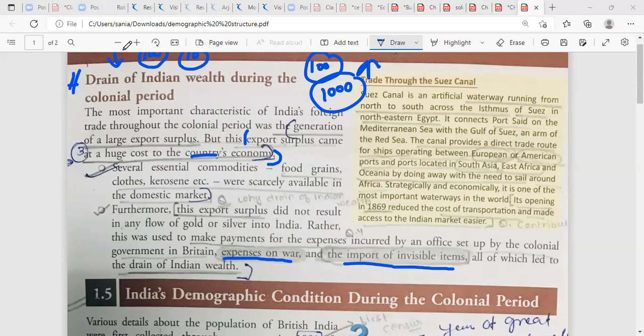Just a minute. Okay, I'm just repeating it. Second question is, how can you say that export surplus came at a huge cost of, don't write country, write India's economy? Done, ma'am. Okay.